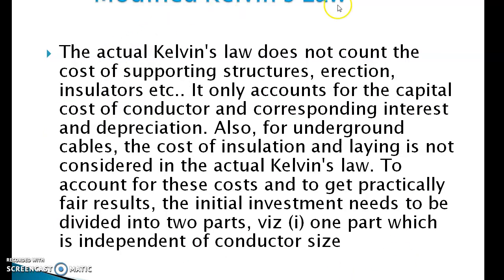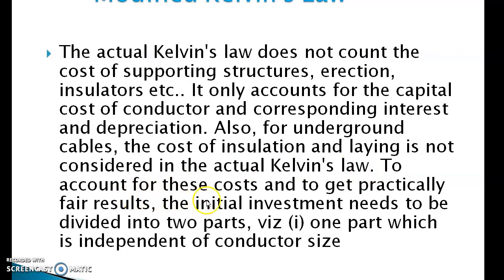Next, modified Kelvin's law. The actual Kelvin's law does not count the cost of supporting structure, erections, insulators, etc. It only accounts for the capital cost of the conductor and the corresponding interest and depreciation. Also, for underground cable, the cost of insulation and laying is not considered in the actual Kelvin's law.